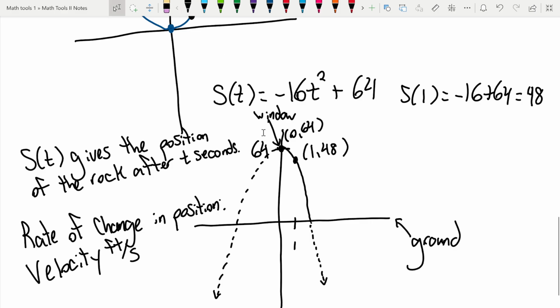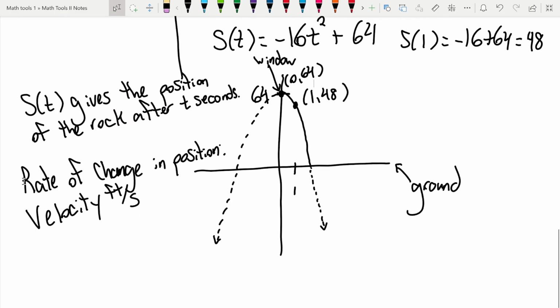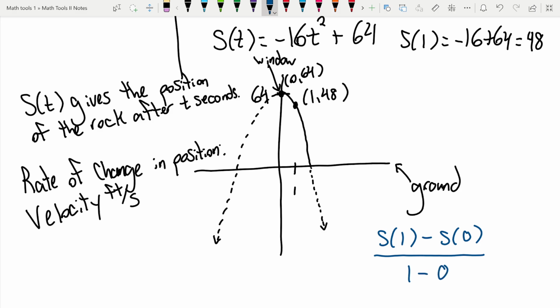So the slope between those points would be s of 1 minus s of 0 over 1 minus 0, which is 48 minus 64 over 1, which is negative 16. Again, the top is in feet, the bottom is in seconds, so this is feet per second.